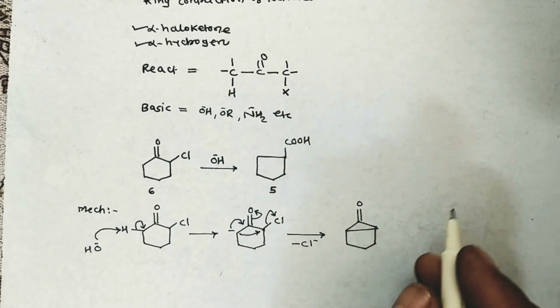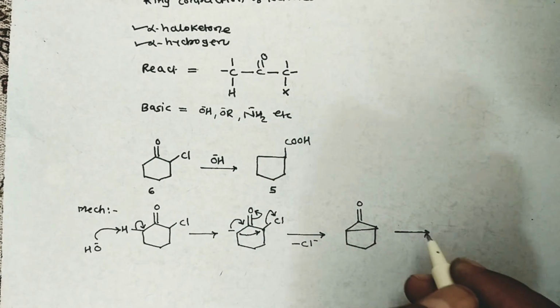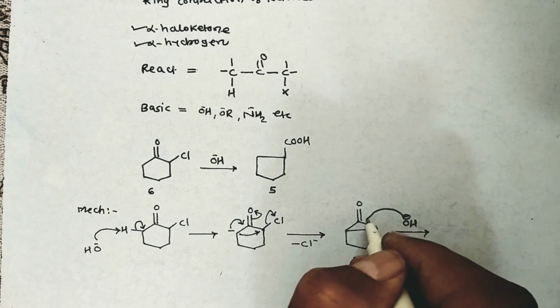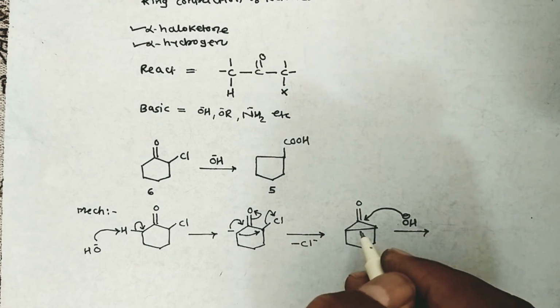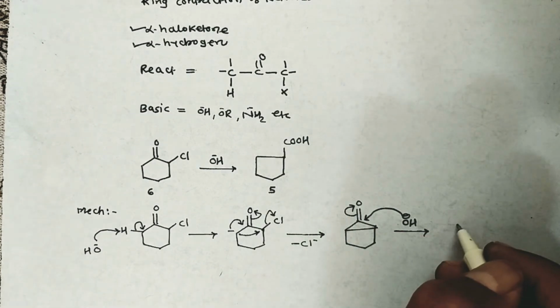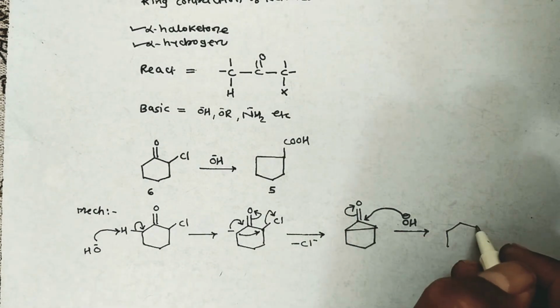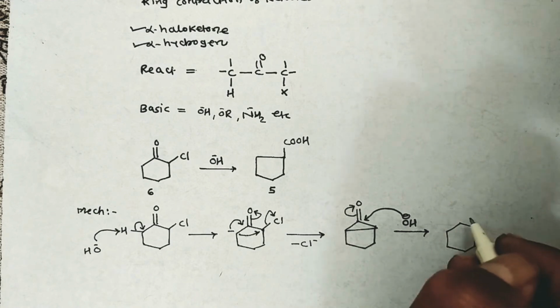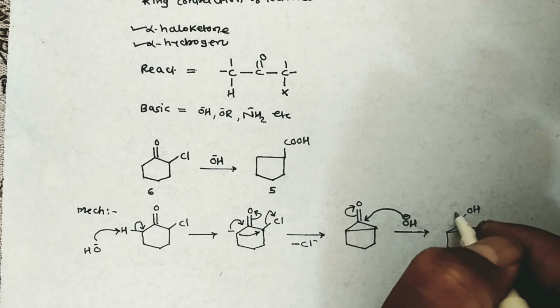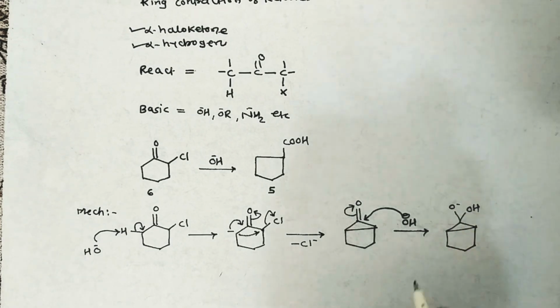Now again the medium is basic, so what happens? Again OH minus attacks on this electrophilic carbonyl group, so that there is a formation of this type of structure, OH, O minus.